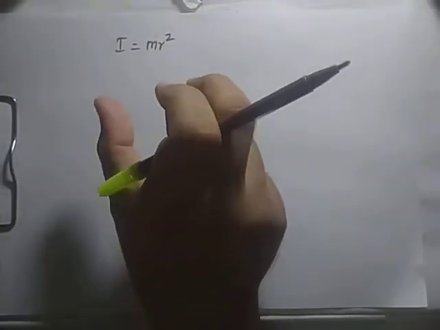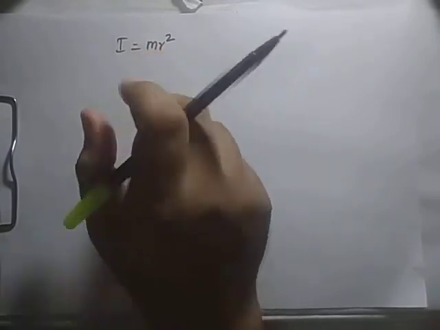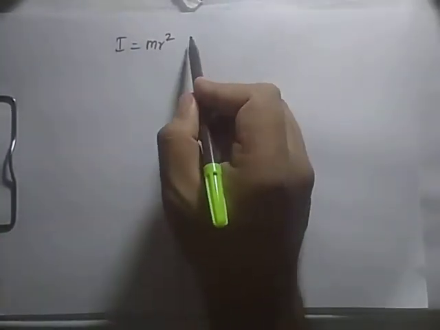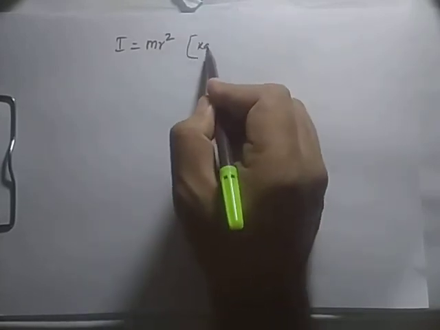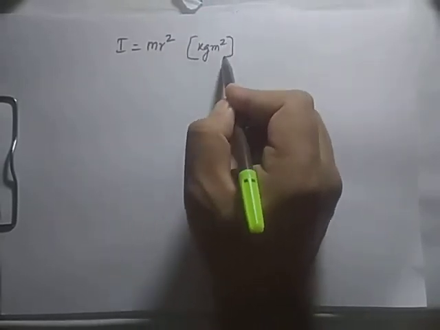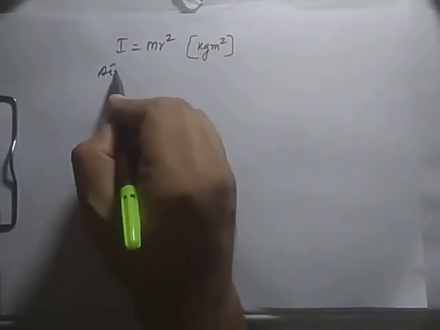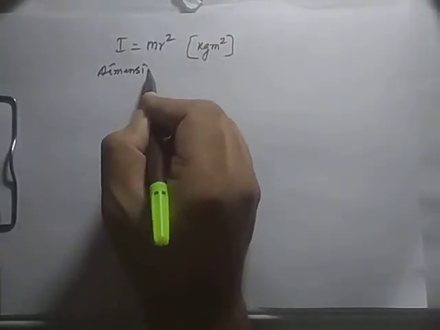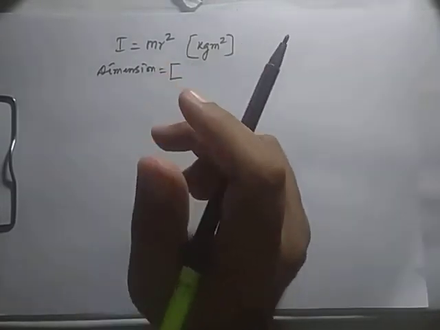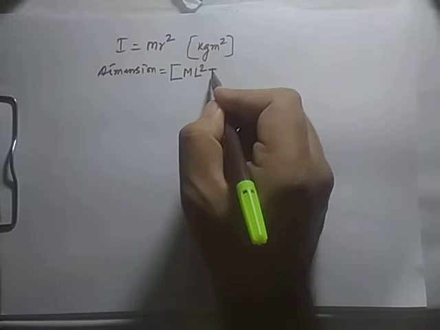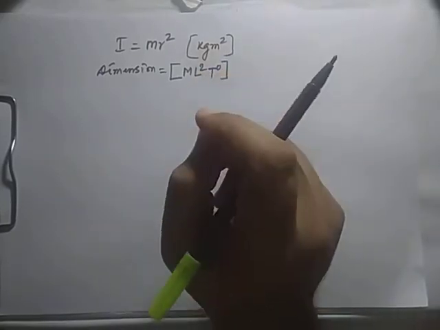From here you can understand the SI unit: m is in kg and r square is in meter square. So kg meter square is the SI unit. And what is the dimension? Dimension you always put in square brackets: M L square T to the power 0, that is the dimension.